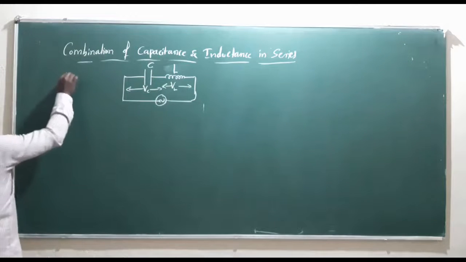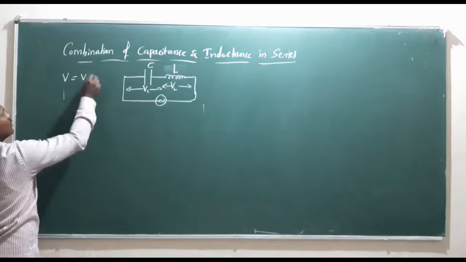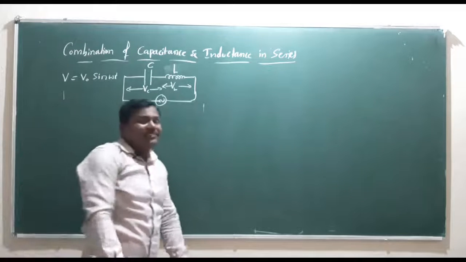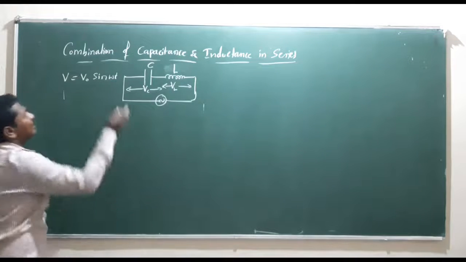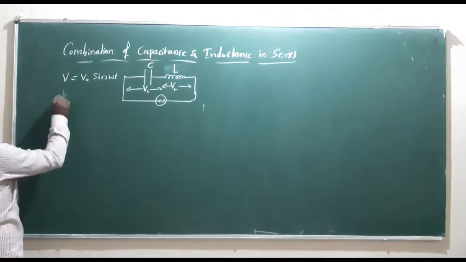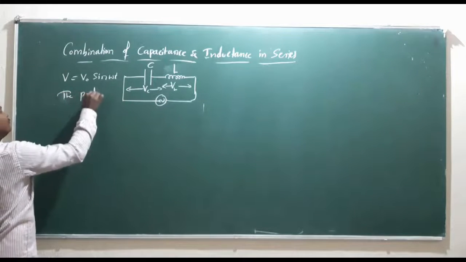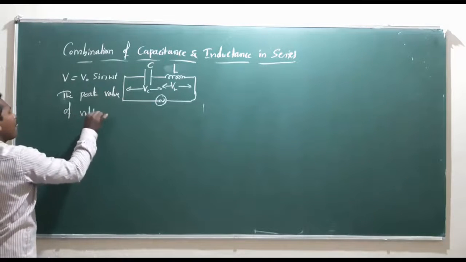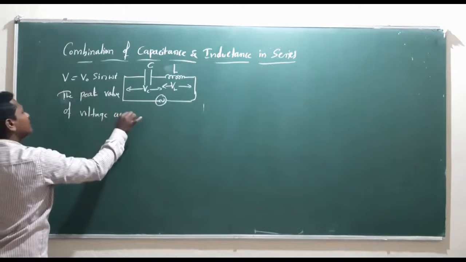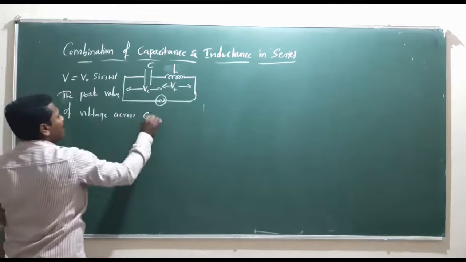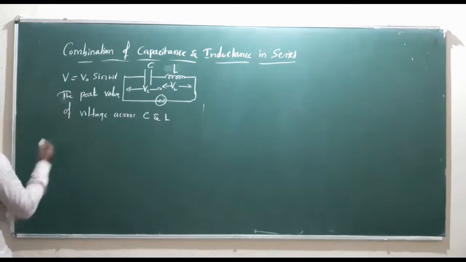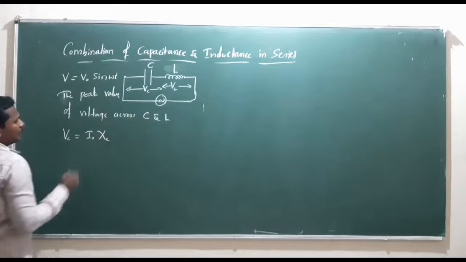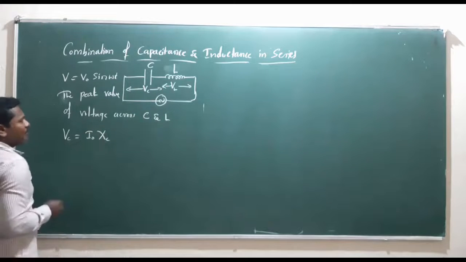We know that the voltage across an AC source can be represented by V is equal to V0 sin omega t, and the peak value of the voltage across the capacitor and inductor can be represented by Vc, which is equal to I0 chi of C, that is capacitive reactance.